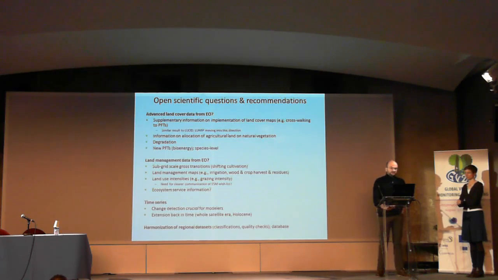Now, talking about the harmonization of regional data sets, I'm more familiar with the global scale, but it applies to the regional scale as well. For instance, Professor Martin Herold from Wageningen University has been involved in the development of the Land Cover Classification System.